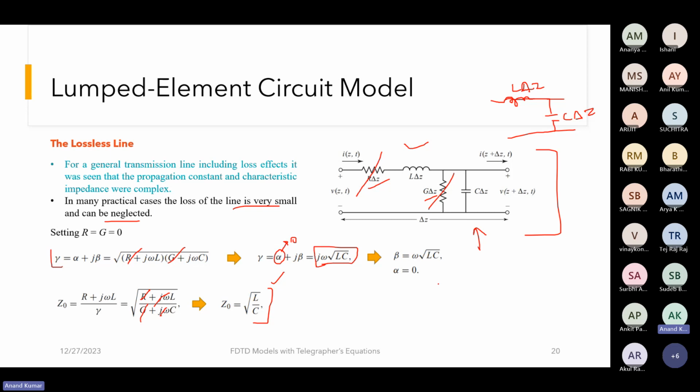I hope everybody knows this, or if you don't, there's sufficient gap from this class to the next class. You can refer to textbooks, go through them, and work out some problems, so that you can get an idea of the lumped element circuit model for the transmission lines, because that is what we'll be using for writing our codes.